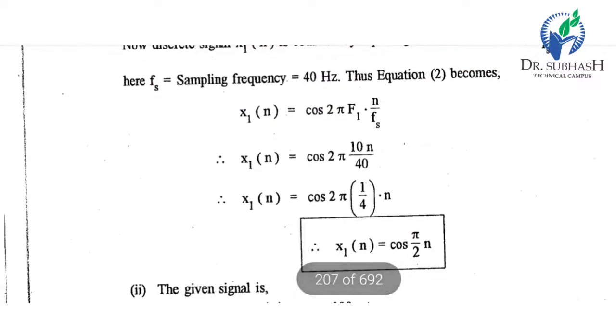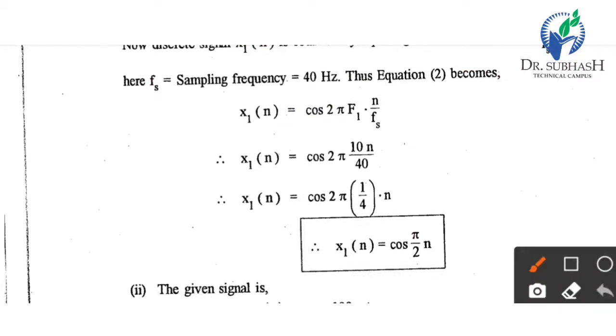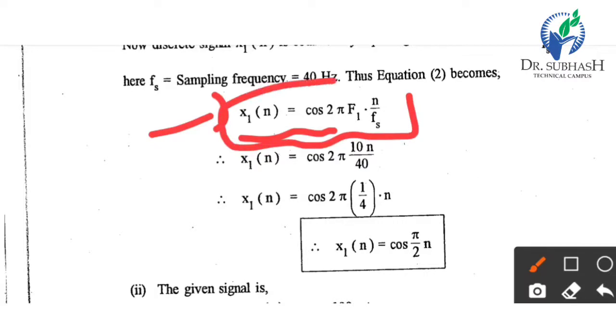So x1 of n equal to cos 2 pi f1 n upon fs. We put f1 equal to 10 and fs equal to 40.